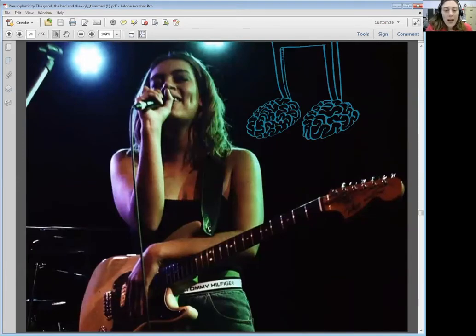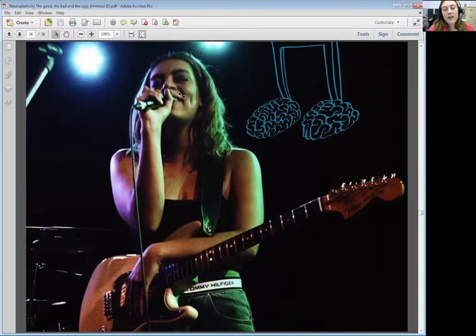So here we have a musician. And imaging of musicians' brains have shown that they have particularly developed parts of their brain related to the parts that are used a lot to play their instruments. So for guitar players, this includes areas of the brain related to the fingers.